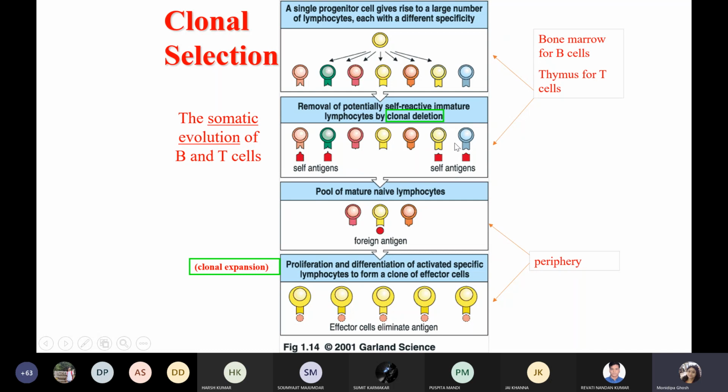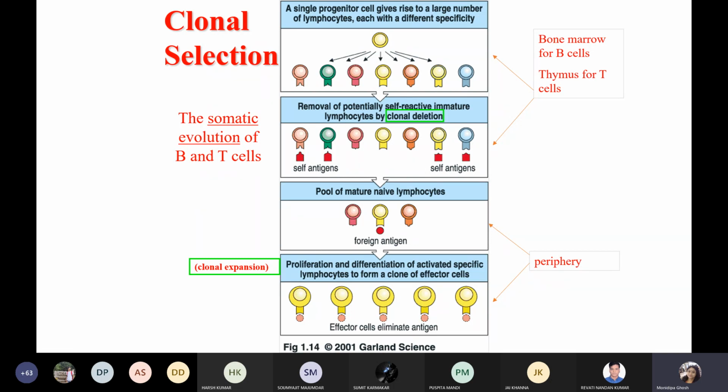The cross talk between the B cell and T cell happens in the peripheral lymphoid organs. When this cross talk happens, information is exchanged between the B cell and the T cell. What is the main information the body gets?